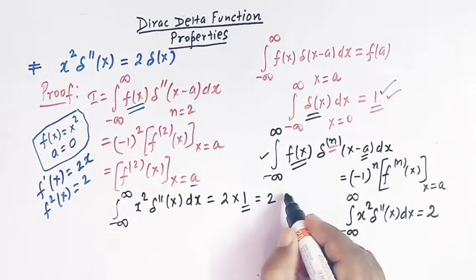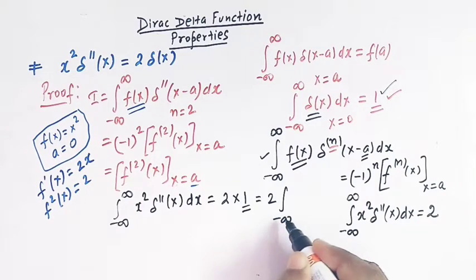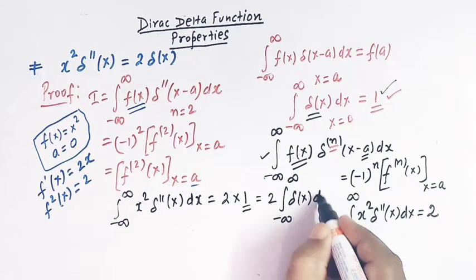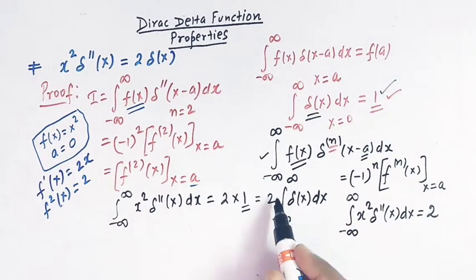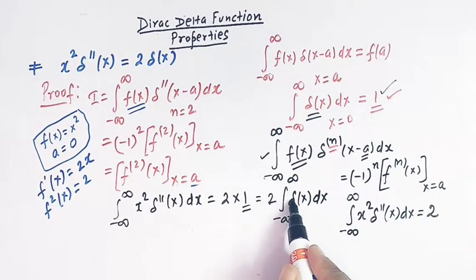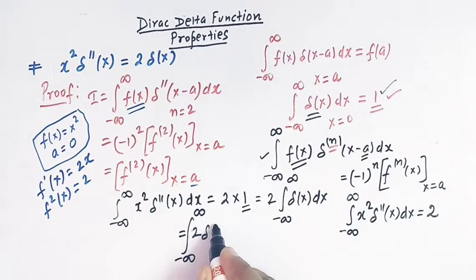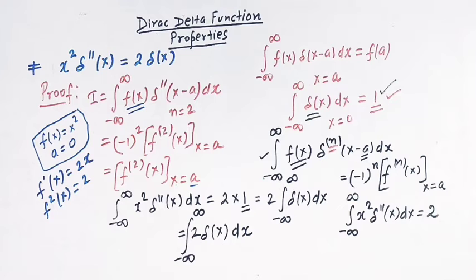So we can now write 2 times the integral from minus infinity to infinity of delta of x dx, right? Now if we take this 2 inside the integral sign, we have the integral from minus infinity to infinity of 2 times delta of x dx, right?